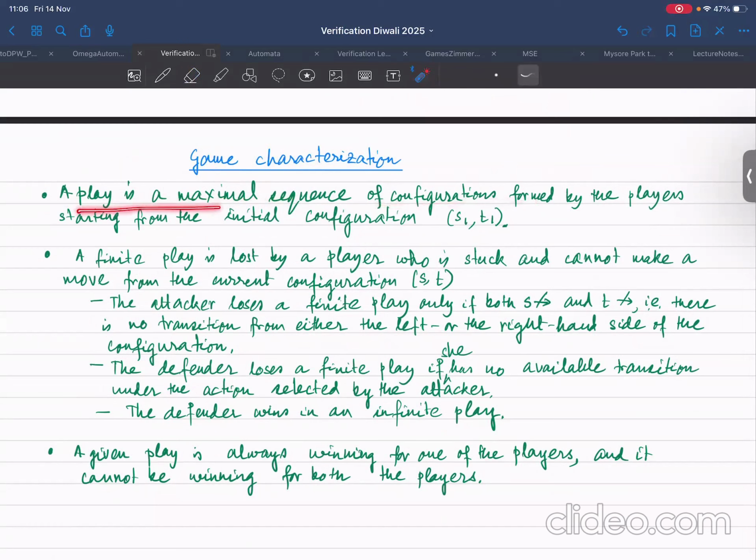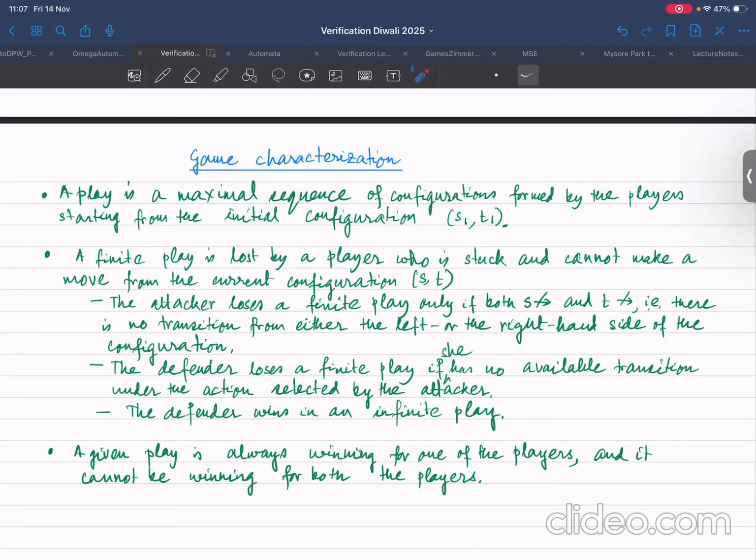Or it can be a finite maximal sequence also. If it's a finite sequence, then one of the players would lose, right? What would happen is either the challenger doesn't have any possibility to move, or the defender cannot match the move of the challenger, in which case the defender loses. In the former case, where the challenger cannot move any further, the challenger would lose.